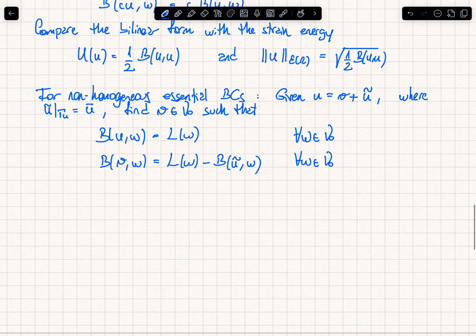Okay, but what is that V naught? Well, V naught is basically a set of functions v that belong to the energy space. Again, we are only interested in functions that produce finite strain energy, such that v evaluated at gamma u is equal to 0.